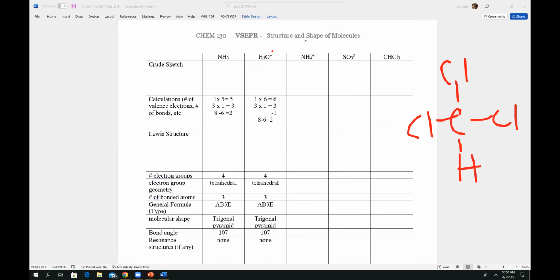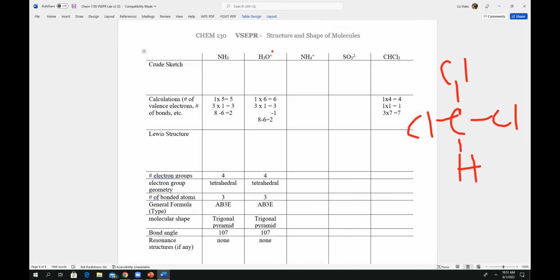All right, so the calculations, how are they going to look like? Well, this is how they're going to look like. Going to have one carbon in group 4. You have one hydrogen in group 1. And you're going to have 3 chlorines in group 7.